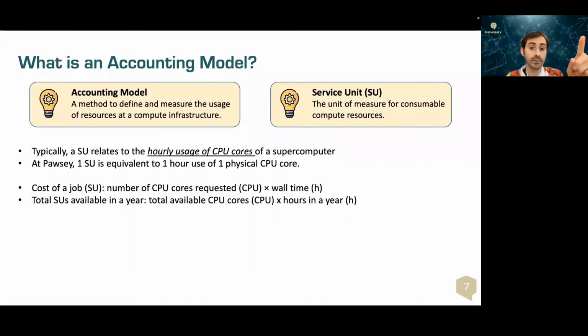So one service unit is equivalent to 1 hour use of one of those 128 cores within a node. So the total cost of a computational job in service units will be the number of CPU cores requested multiplied by the wall time in hours. And similarly, if we think about all of the available service units during the year on Setonix, that will be the total number of available CPU cores times the total hours in a year.